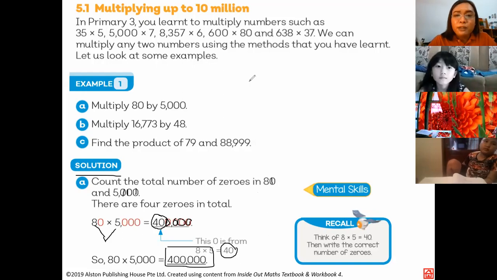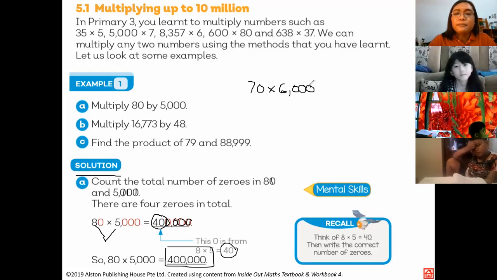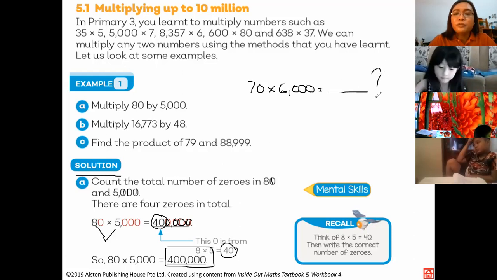Okay, can you try to multiply this? 70 by 6,000. Anyone? 420,000.